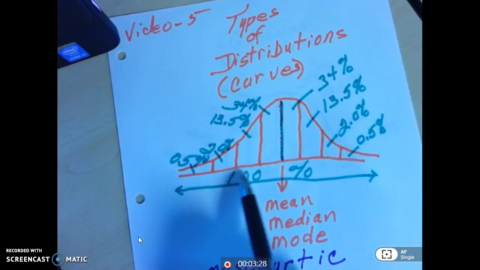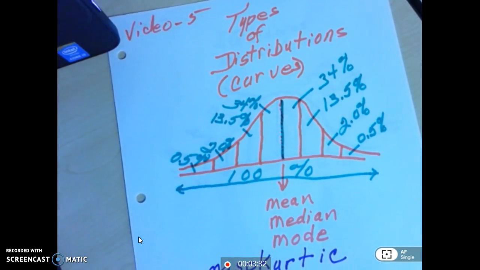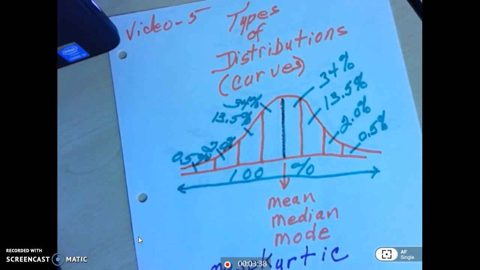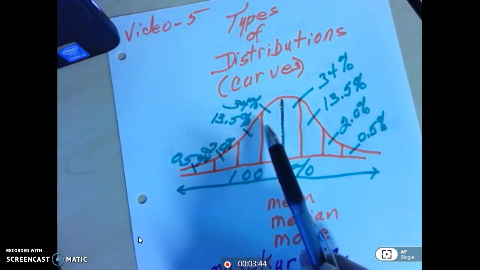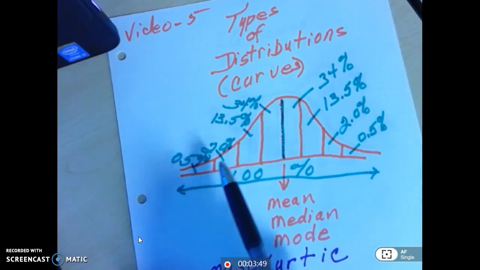This here is a normal curve, with the percentages in each standard deviation.